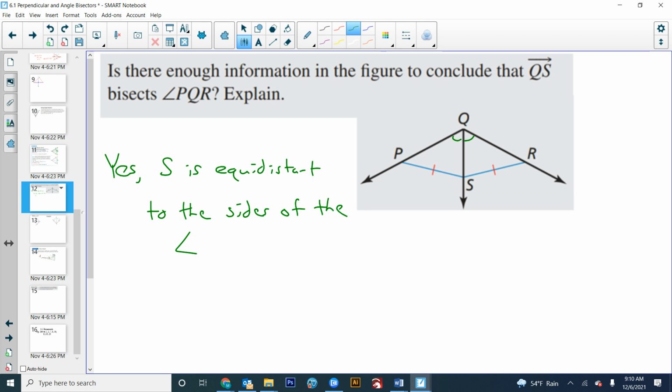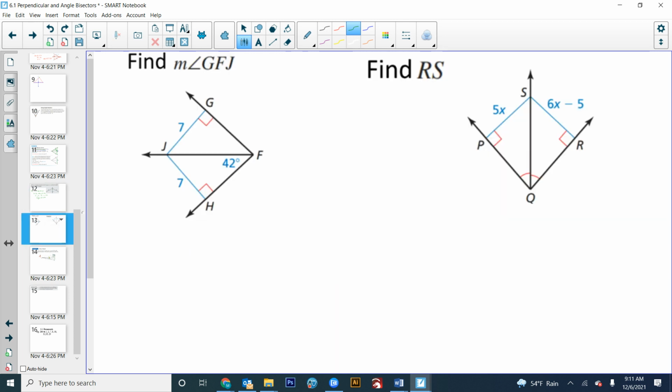So S must be on the angle bisector. All right. Two examples.